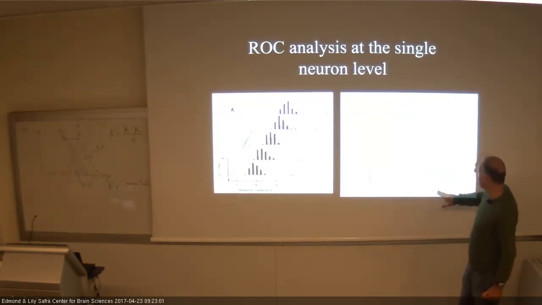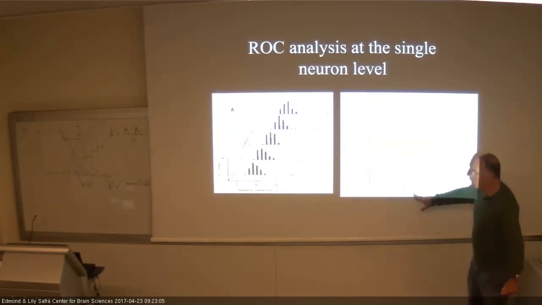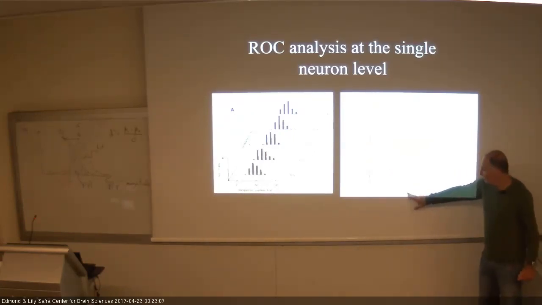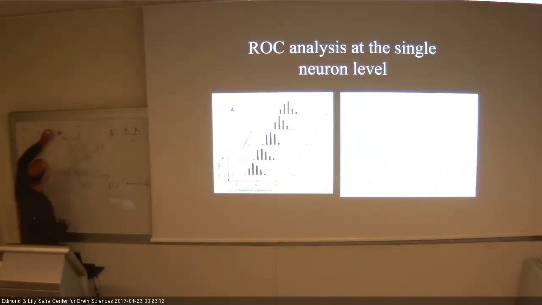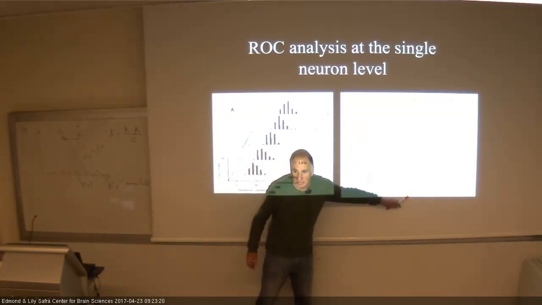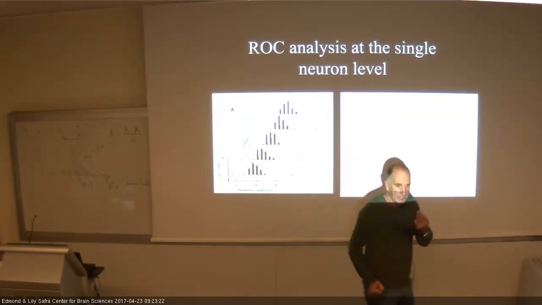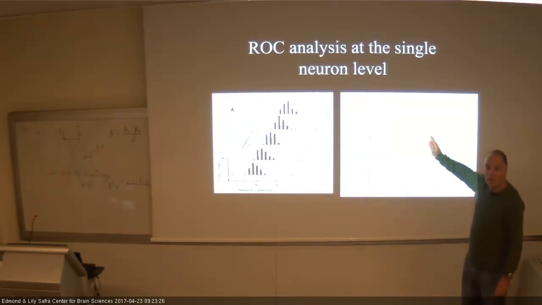So this corresponds to the hit rate, and this corresponds to the false alarm rate. If the null is greater than the criteria, the noise is greater than the criteria, so that falls under the false alarm rate. So this is the false alarm rate against the hit rate, and this is called the receiver operating curve, the ROC curve.